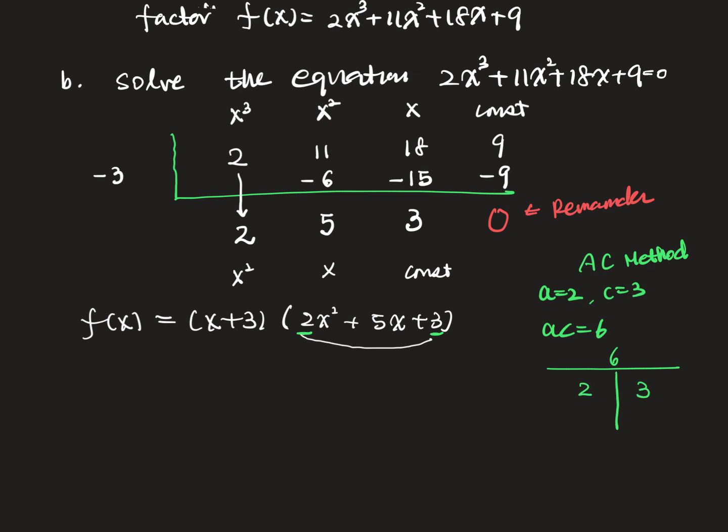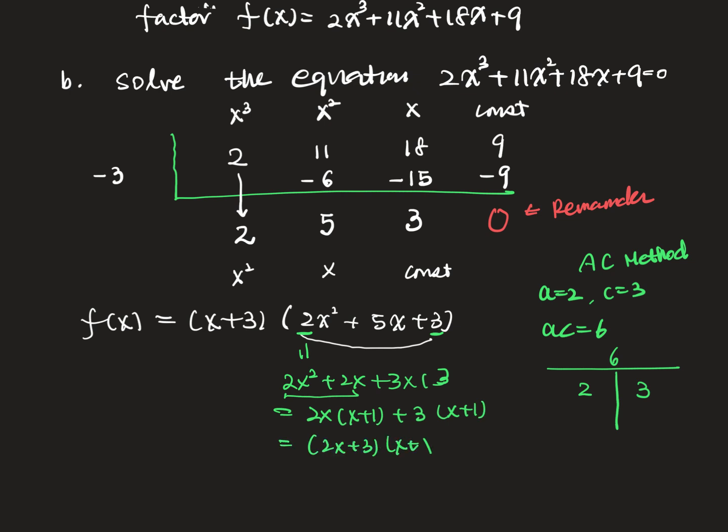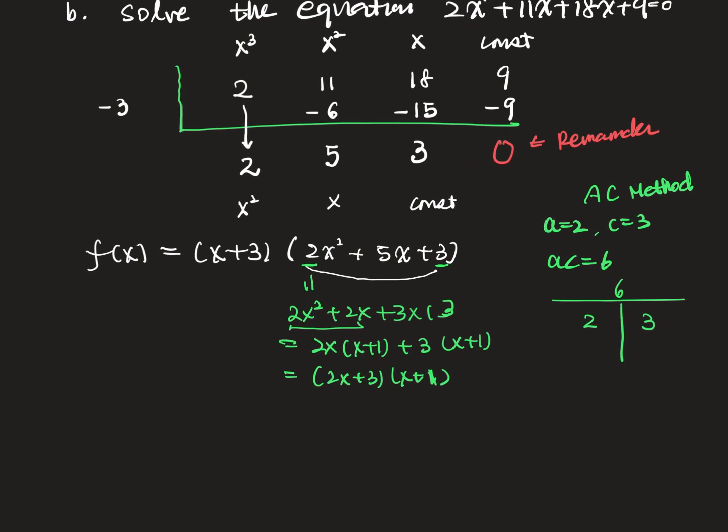So I'm going to do this one: 2x squared plus 2x plus 3x plus 3. Common factor here, 2x, x plus 1. Here 3, x plus 1. Then 2x plus 3, x plus 1. Okay, you factor it. So f of x equals x plus 3, 2x plus 3, x plus 1.